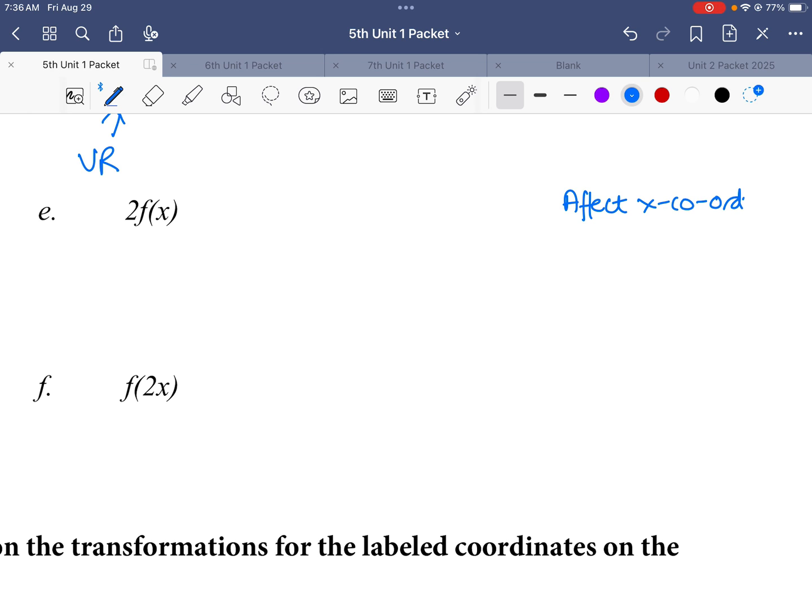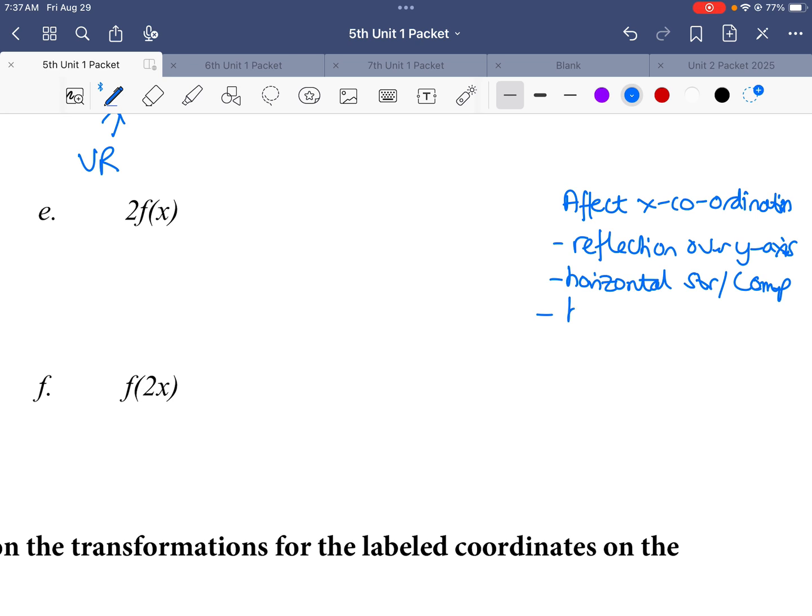Well, a reflection over the y-axis affects our x coordinate. Also a horizontal stretch or compression. And also a horizontal shift.